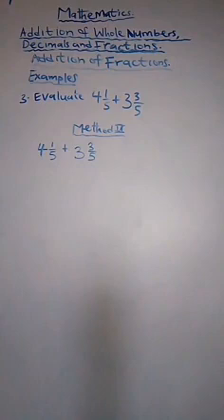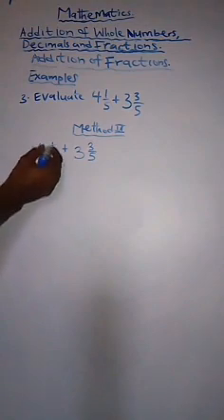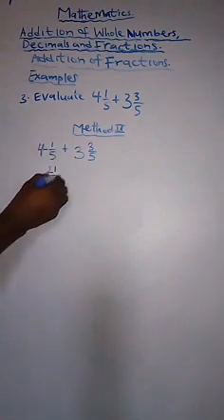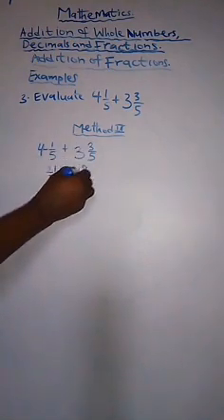The first thing you do, like I said in our previous video under fractions, a mixed fraction can be converted to an improper fraction. Likewise, an improper fraction can also be converted to a mixed number. So take note of that. So let's convert this one to an improper fraction. 5 times 4, 20 plus 1, 21. So this is 21/5 plus 5 times 3, 15 plus 3, 18, 18/5.